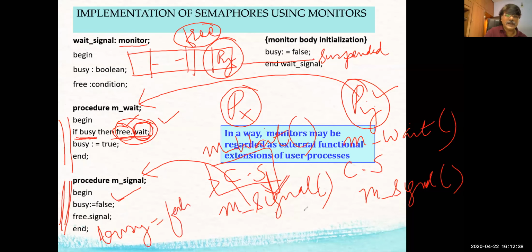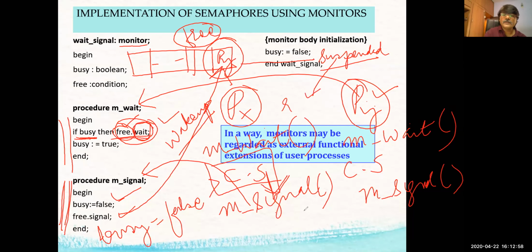And after that, another instruction is executed, that is free.signal, meaning sending the wake up signal to process Y. Wake up means sending process Y from the suspended state to the ready state.